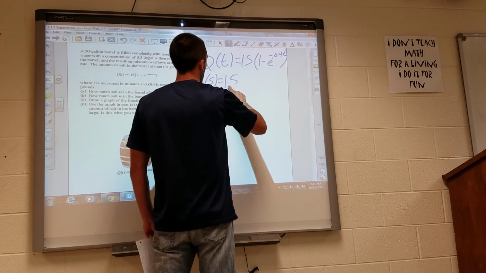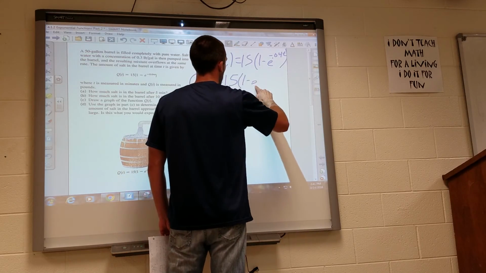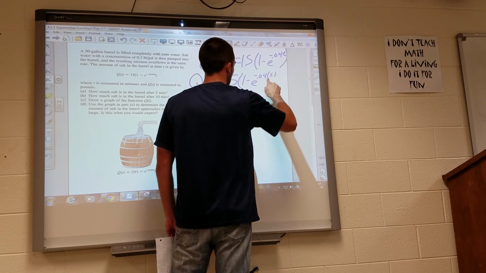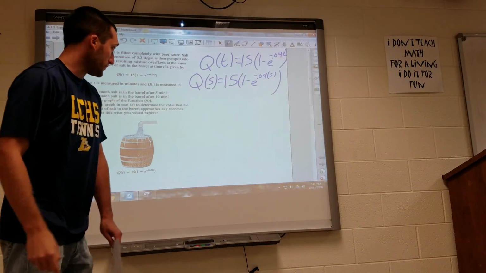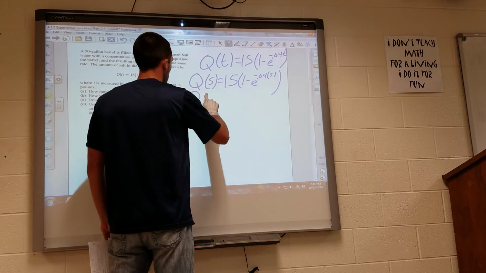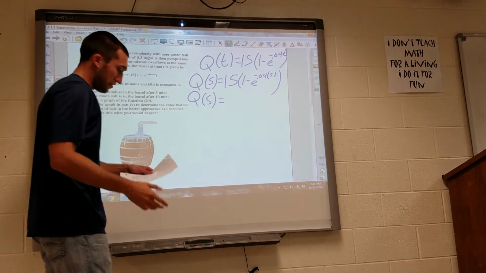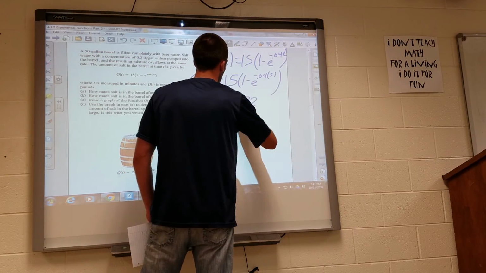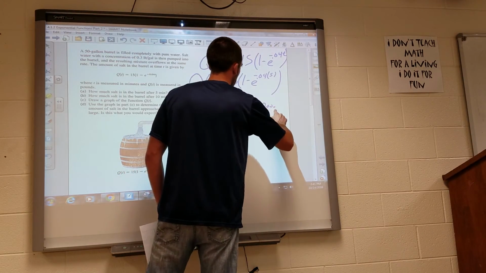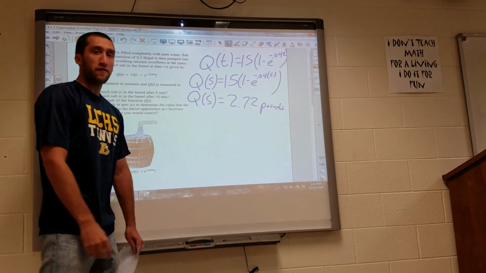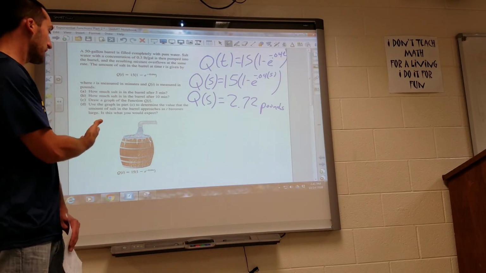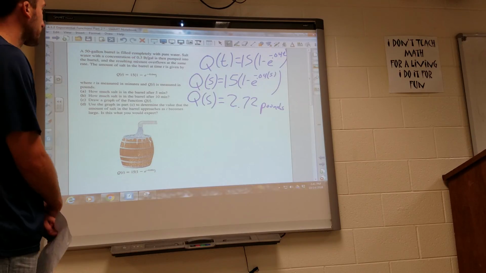That gives me 15 times 1 minus e to the negative 0.04 times 5. When I do that, Q of 5 is 2.72 pounds. So after 5 minutes, there's 2.72 pounds of salt in my barrel of water.